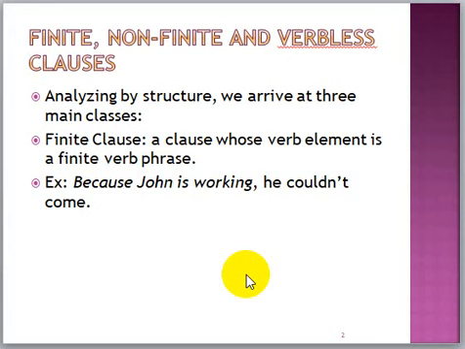Since the verb has a tense and takes a subject, the verb is a finite verb, and this is what we mean by a finite verb: a verb which has a tense and accepts or takes a subject.